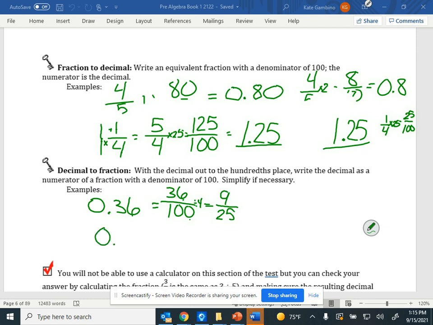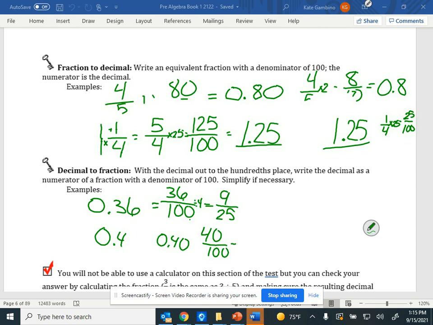What if I have 4/10? We want to just be in the habit of making that decimal go out to the hundredths. I'm going to change that 4/10 into 40 hundredths. So I can do 40 hundredths as a fraction. And I'm going to simplify.